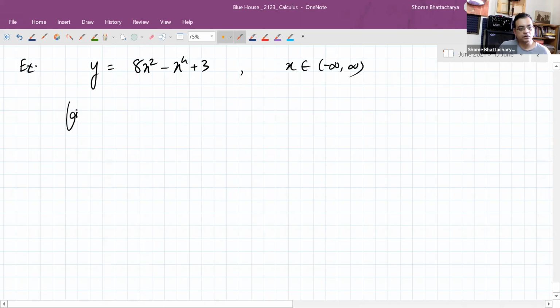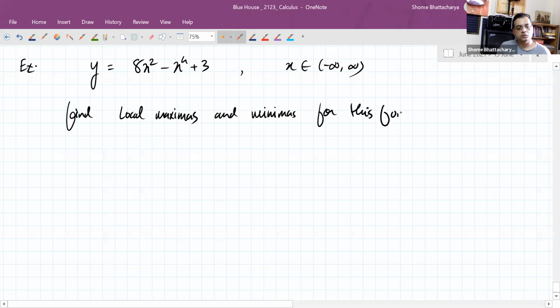So we want to find local maximas and minimas for this function. And secondly, we'll also analyze for the range.